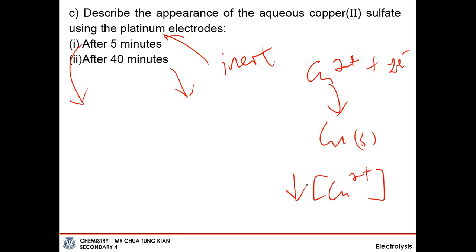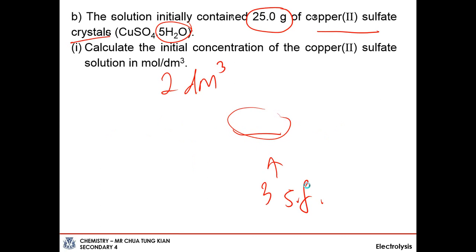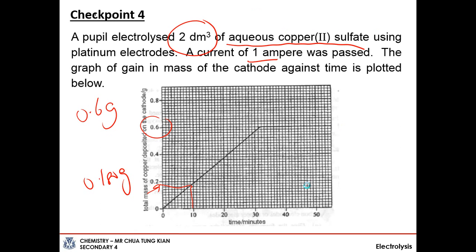Now let's refer back to the graph on the first page, on the first part of the question. We see that at 5 minutes, so much copper has come out. At 40 minutes, so much copper has come out. Take note, about 0.1 grams and 0.6 grams of copper.